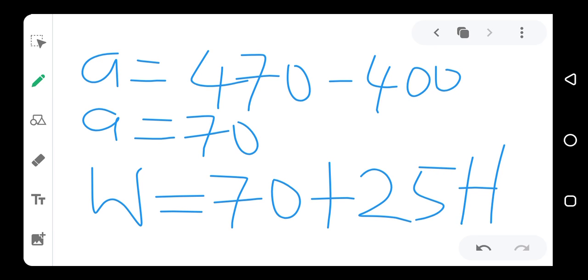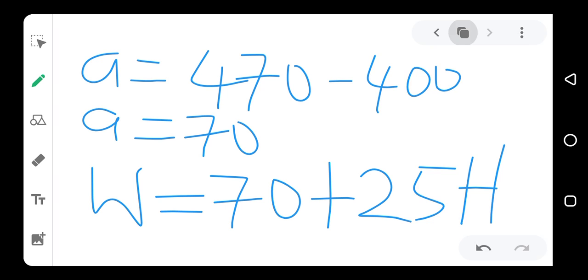So this is the equation connecting the variables. Now we can use this equation to solve anything we want to solve. If it is H that is given to us, we can get W. And if it is W that is given to us, we can get H.